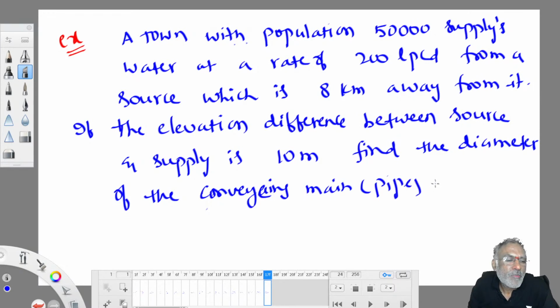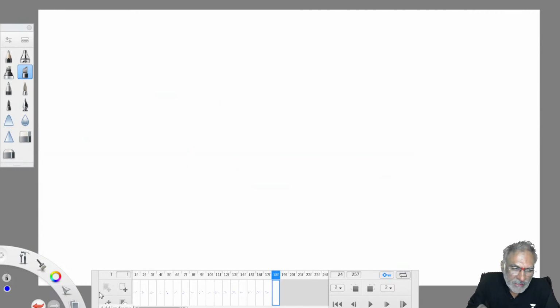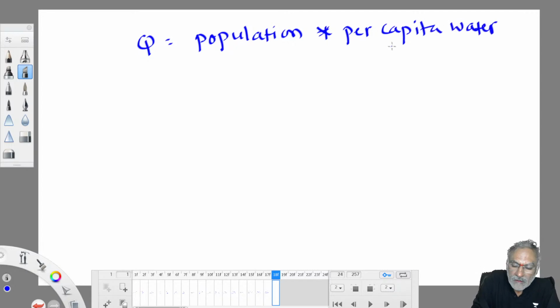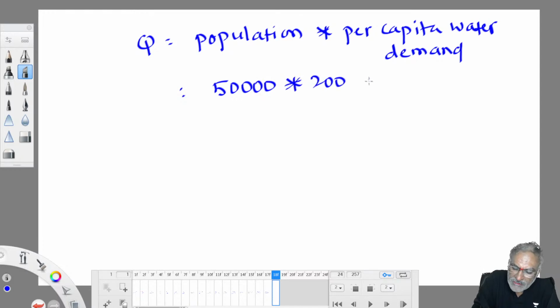Come on, how to proceed with this question? What is given to you? Indirectly the Q value is given: Q is equal to population into per capita water demand. Population is given as 50,000. Per capita water demand is 200 LPCD, so this will give liters per day.